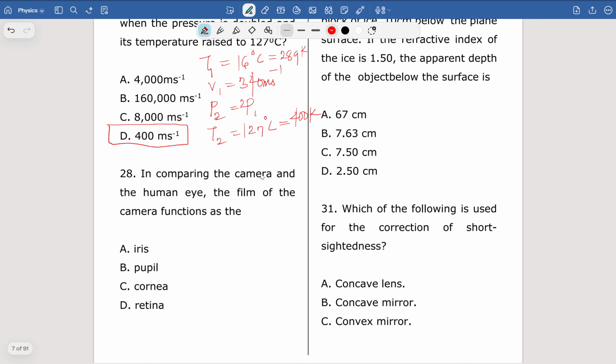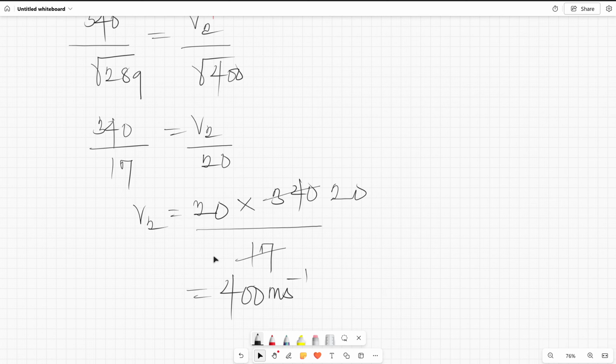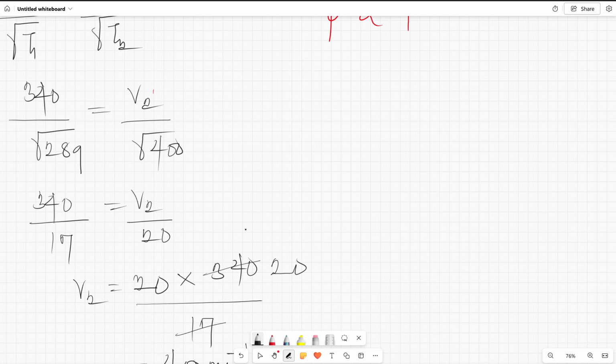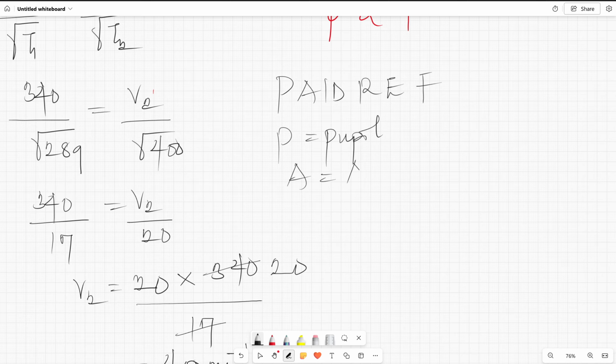28. In comparing the camera and the human eye, the field of the camera functions as, so there's this acronym you can use to remember that. An acronym we used to use then. So that is TRADEREF. P there is pupil, which is equivalent to the aperture of the camera.